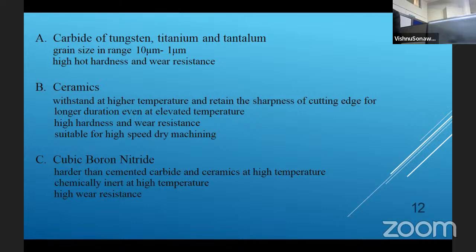Cubic boron nitride is harder than cemented carbide and ceramics at high temperatures. At high elevated temperature, we use ceramics and cemented carbide cutting tool materials due to their high wear resistance. These are the main applications and useful parameters of cutting tool materials.